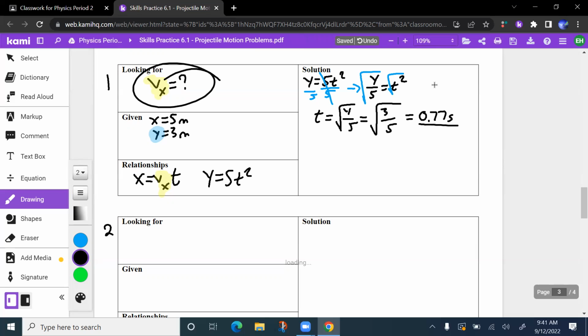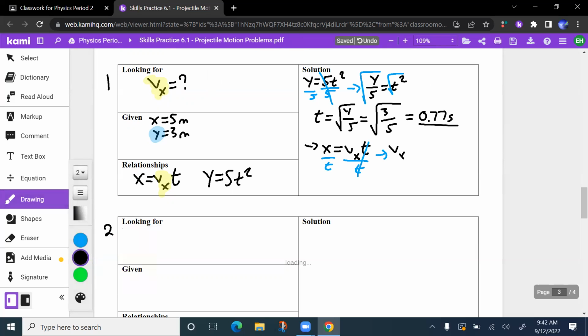I'm looking for vx. But you might remember I need time in order to find vx. So now I'm going to take my equation, x equals vx t, and I'm going to solve it for vx. Well, I can do that, ladies and gentlemen, by dividing by t.